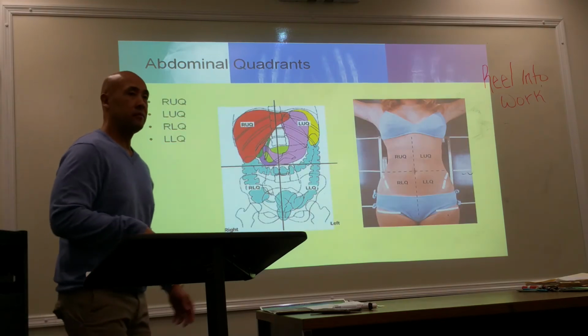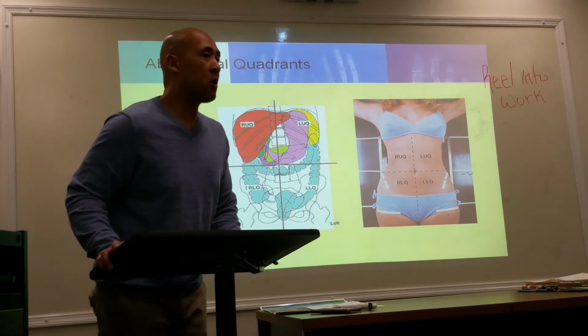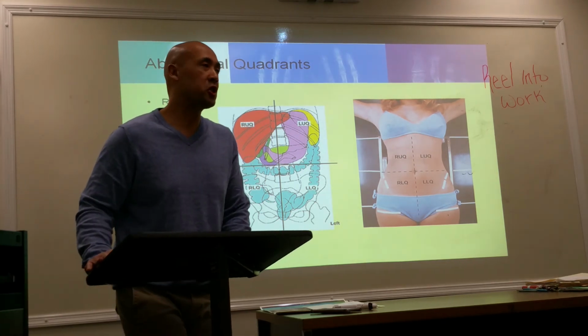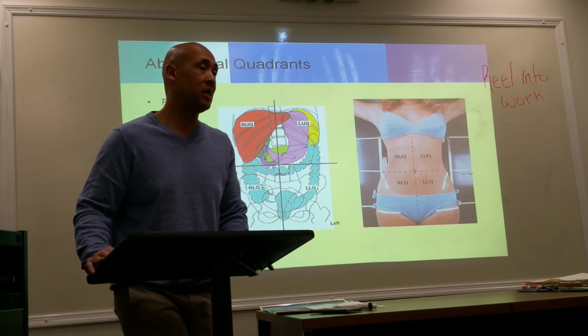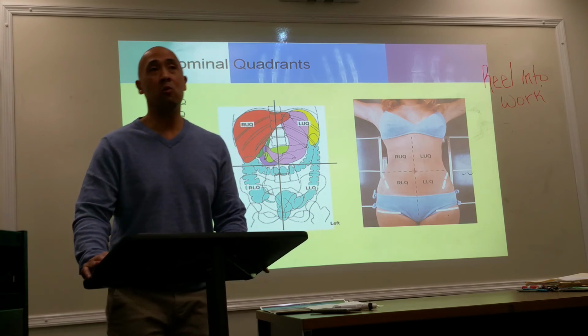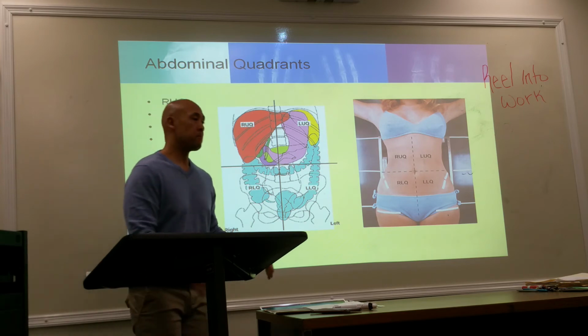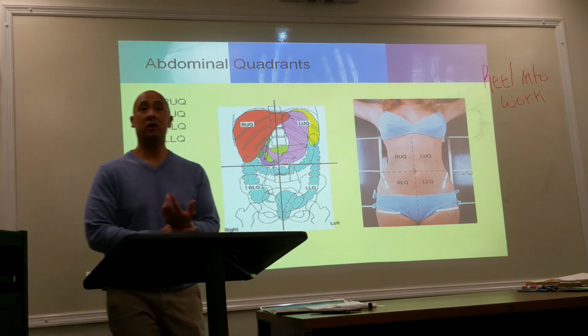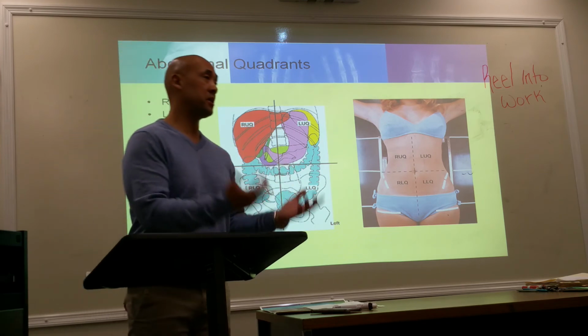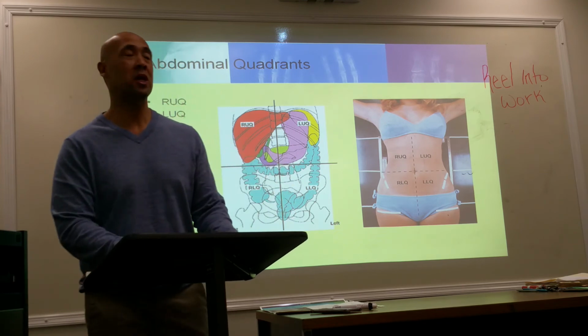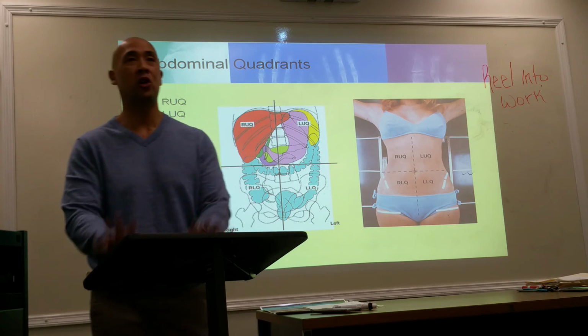Quadrants. We use quadrants and regions to describe the location of the different anatomical structures. We use it especially when we are getting a history on our patient. So when you're asking your patient, okay, Ms. Smith, why are you here? What kind of problems are you having? Where does it hurt?